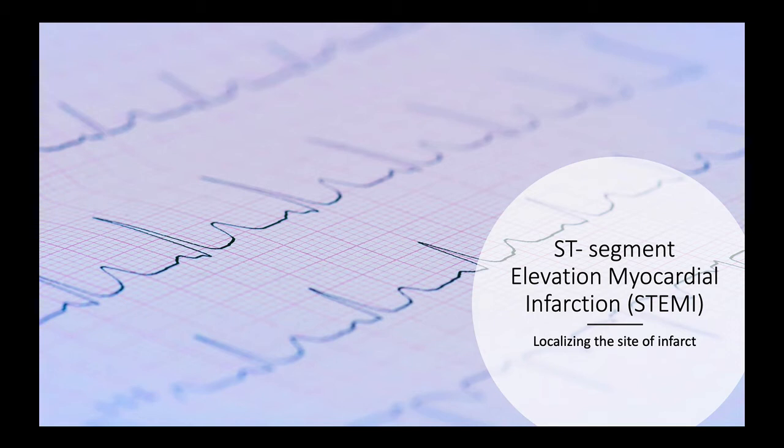Now we come to the topic of localizing the site of infarct. Using the ECG, we can very often localize which wall is involved, and based on that be able to say which vessel has undergone a blockage.